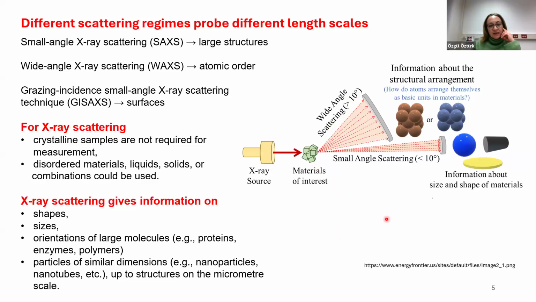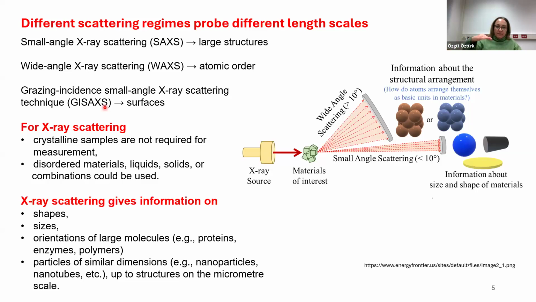In other words, WAXS tells us how atoms are ordered and how that order changes during processes such as heating, deformation, or phase transformation. Another technique is grazing incidence small-angle X-ray scattering, in short GISAXS. This combines the length-scale sensitivity of SAXS with surface sensitivity.